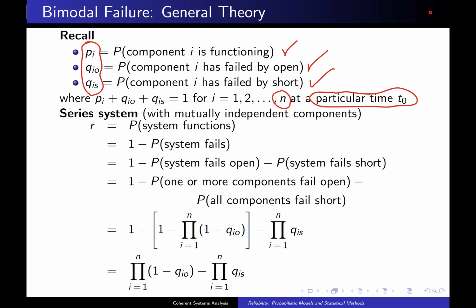The first thing we're going to look at here is a series system of n mutually independent components. So the independence assumption is still in place.